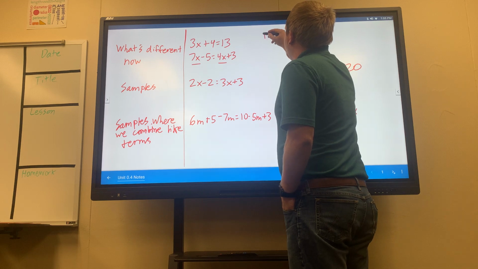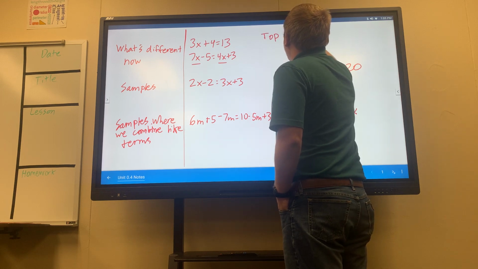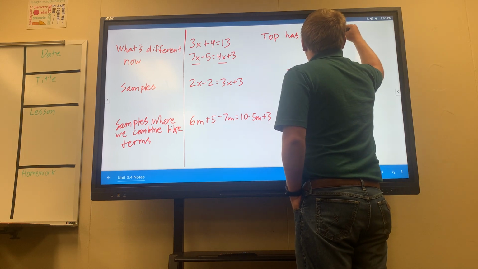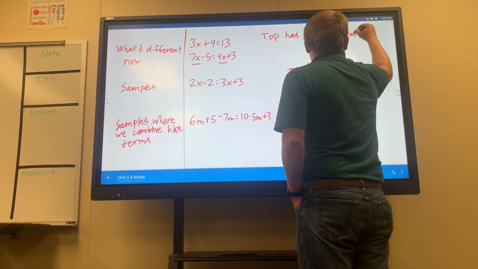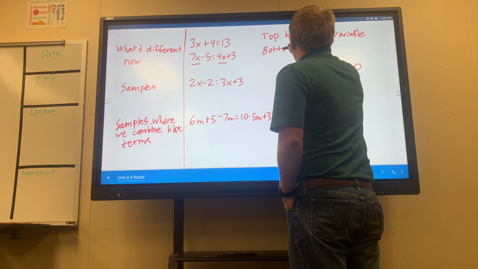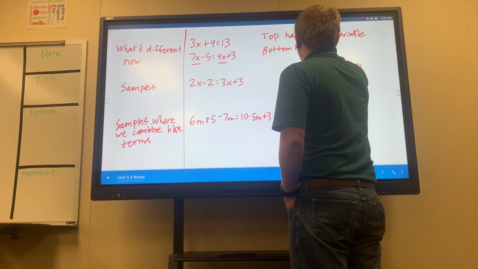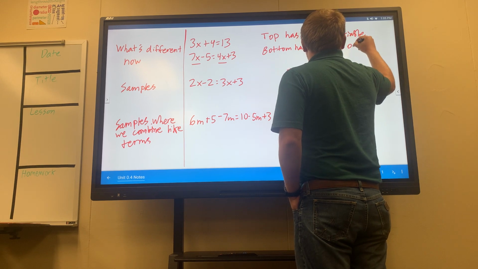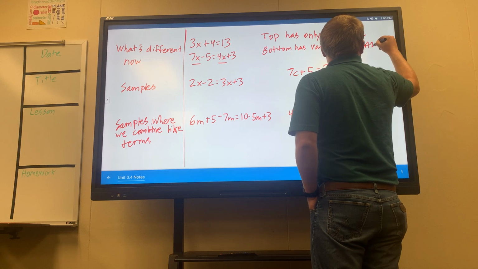So really what I want you to focus on is the top has only one variable, the bottom has variables on both sides, okay?